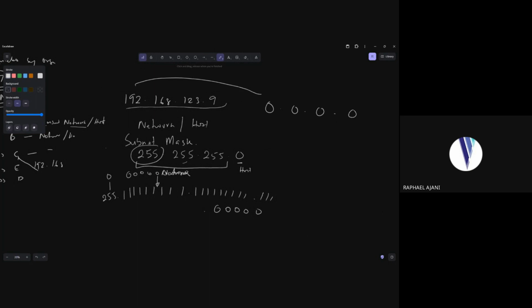From this base level, if you begin to increment, the next incremental value you get, or rather, let me start from the left, from 0 to 127, I don't want to.